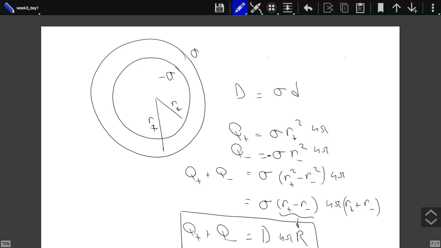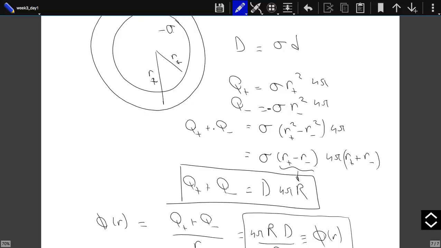Q plus is sigma times R plus squared, and Q minus was minus sigma times R minus squared, times the 4 pi. Then, let me just sum them up. I have this expression over there. If I just set R plus and R minus equal to each other, in that case, definitely this expression goes to 0.